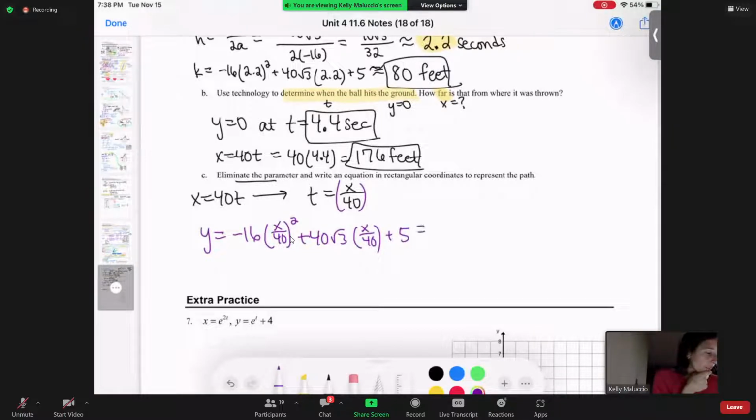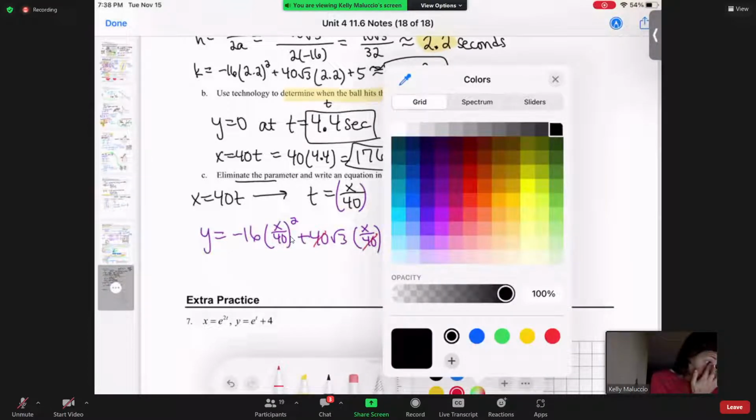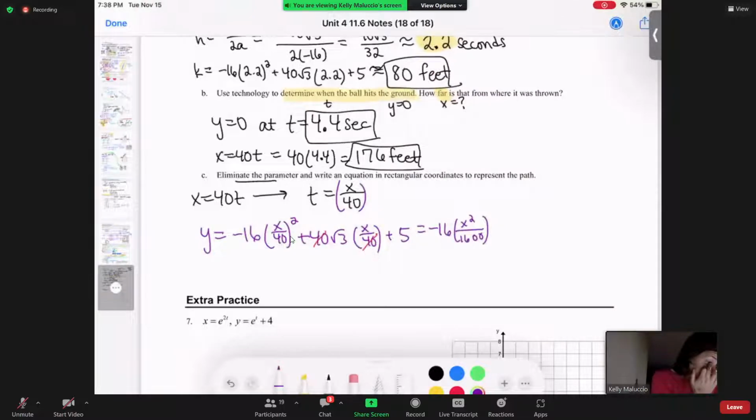So I'll simplify by, negative 16, this is X squared over 1600, right? Because 40 squared. And then these 40s can cancel each other out, right? So I'd get plus square root of 3 X plus 5. And then negative 16 over 1600 also simplifies.